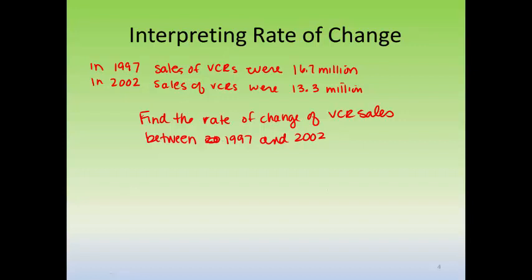Now the reason I'm saying we are looking definitely between these two dates is because I don't have any other information. Maybe the rate of change in other areas or in other years is not going to be the same here. I only have this small piece of information, so I can only report out on this small piece of information. So what are my x's and what are my y's?